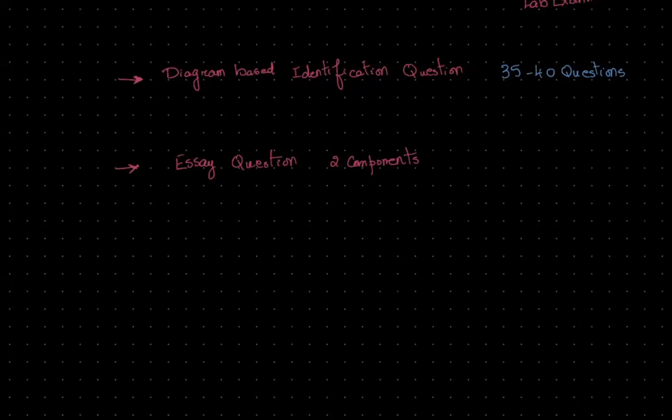The second component is going to be the essay question, which has two components, and those are the response of the heart in regulating the blood pressure, and the response of the kidney to regulate the blood pressure.